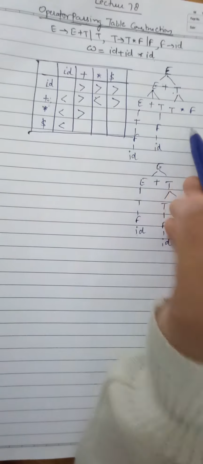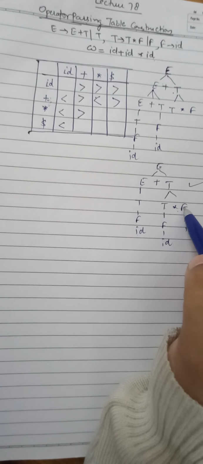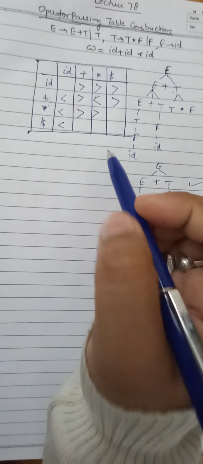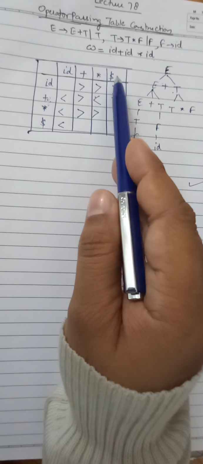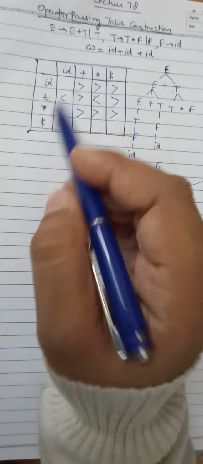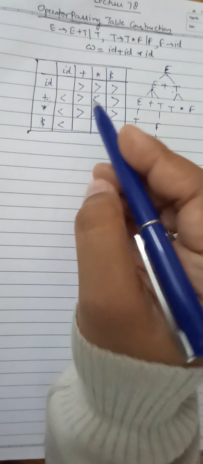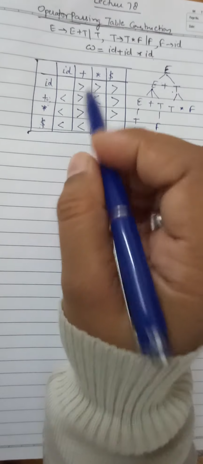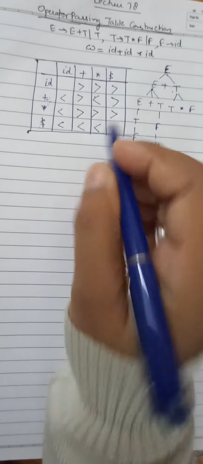Both are equal, left to right, so it is greater. Then dollar always has less priority than the others, so less than this and less than this also.